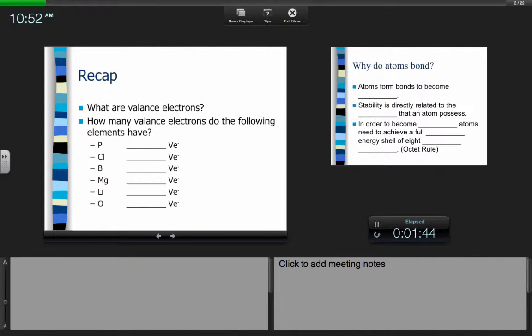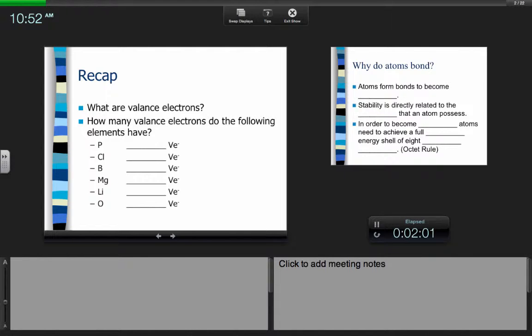So here's how this works. Column 1 has 1 valence electron. It's no coincidence that the first column has 1. The second column, look at the top, there's a 2, has 2 valence electrons.